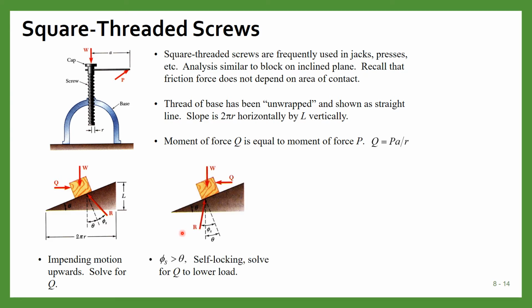Now there is one case which is also called the self-locking case. That case will occur when this angle phi s is greater than the angle theta. In that case, if you put some weight on this screw or on this jack, it will not move downwards.